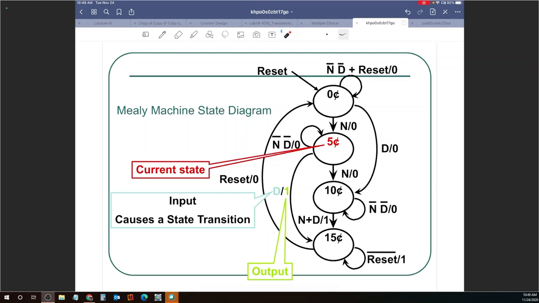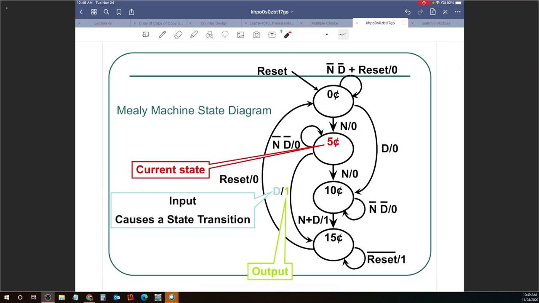So in this case, we are designing the same vending machine. We still have the 0 cents, 5 cents, 10 cents, 15 cents states, but notice what you are doing here. If you are in state 0 and you get a nickel, then you go to 5 cents, exactly the same way. However, as you are making that transition, your output has already become 0.